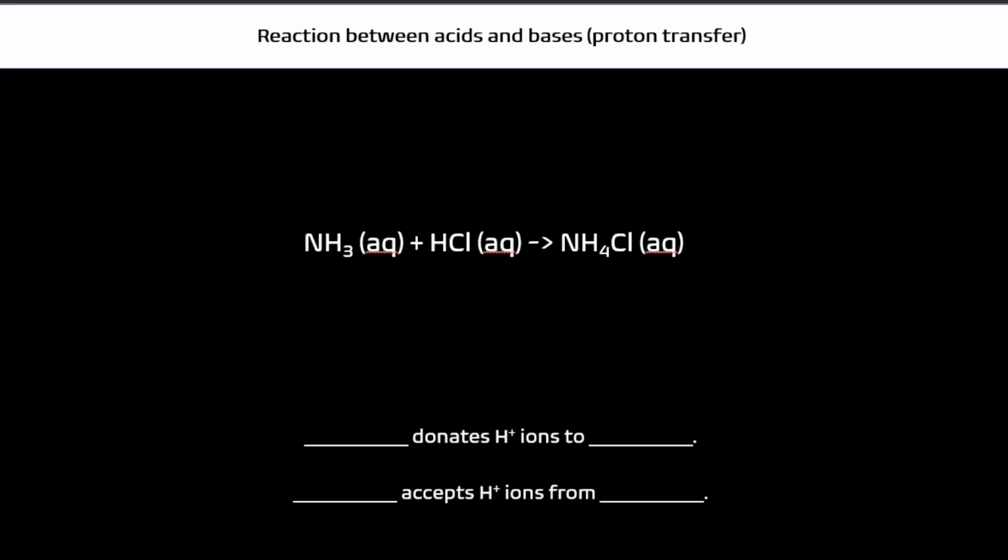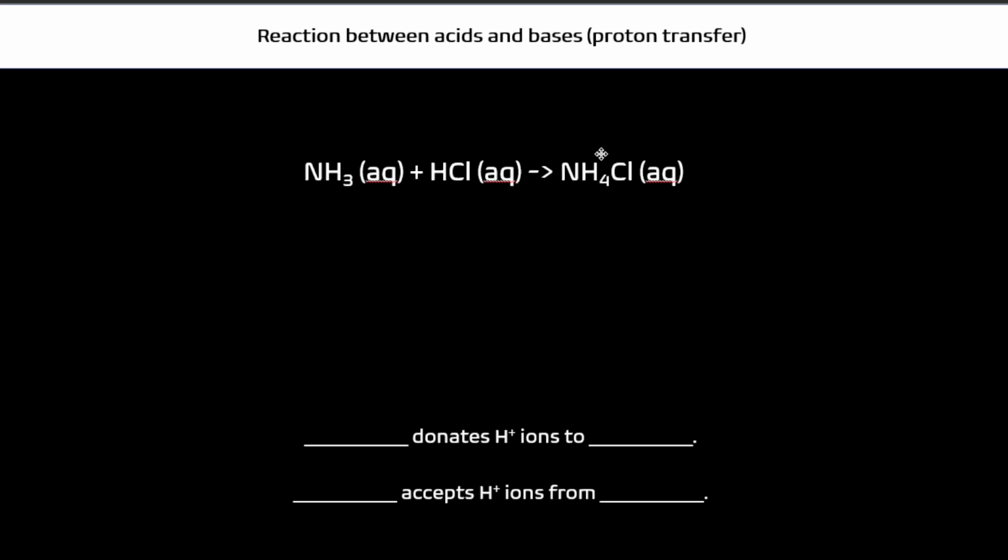Okay, so in this equation, NH3, ammonia, and hydrogen chloride are going to react, and we're going to figure out which one is the acid. In order to get NH4Cl, HCl needs to donate one hydrogen ion, or one proton, to NH3, and that's how NH4Cl is formed.